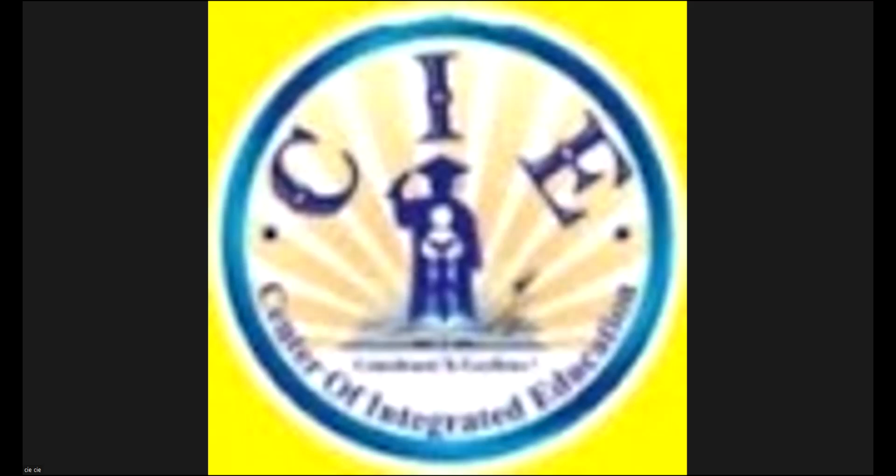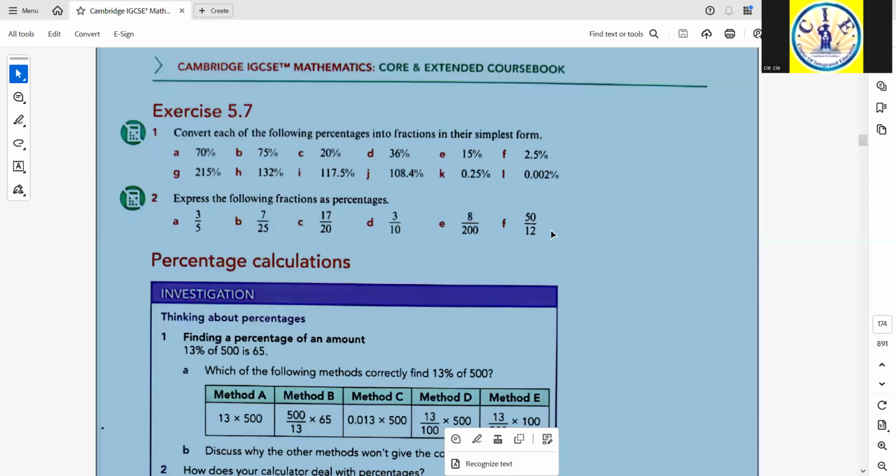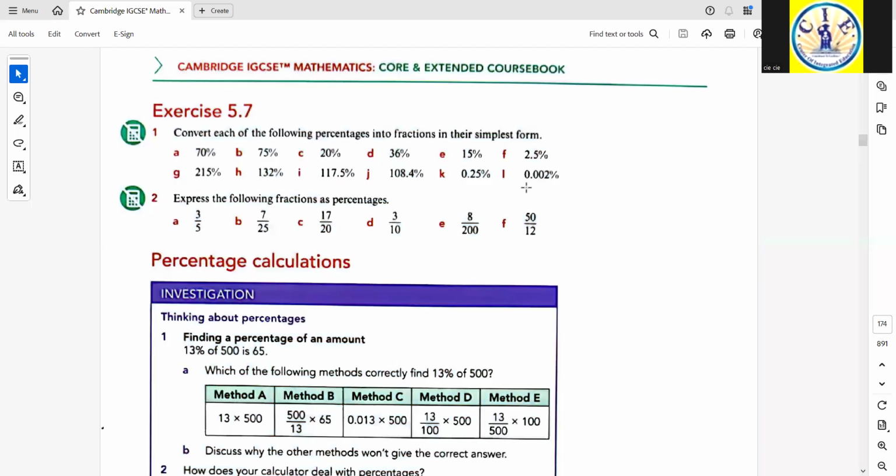Okay, we were doing question number 2 part F. 50 by 12, cancelling them on the table of 2, 25s are 50 and 2 sixes are 12.